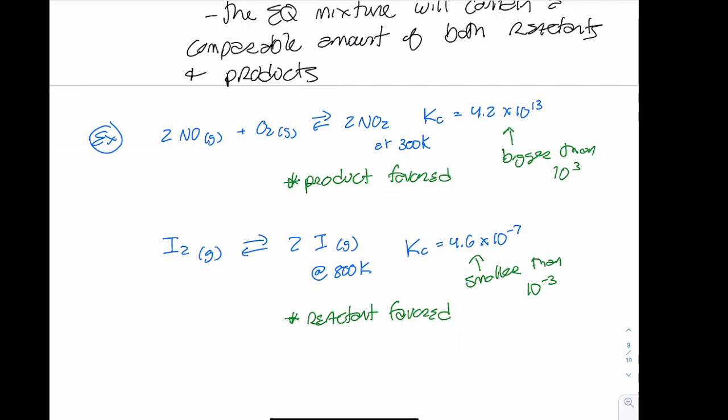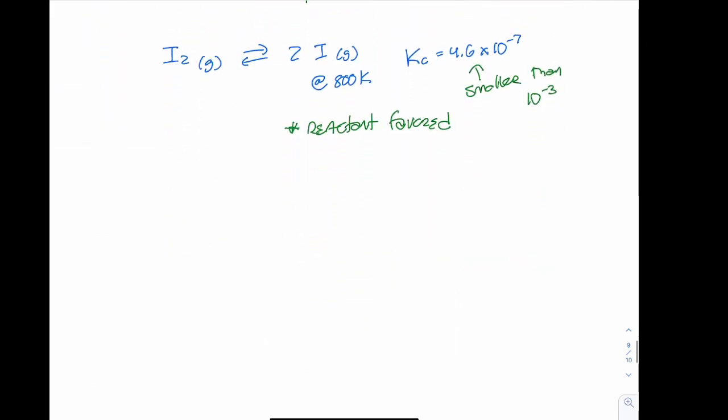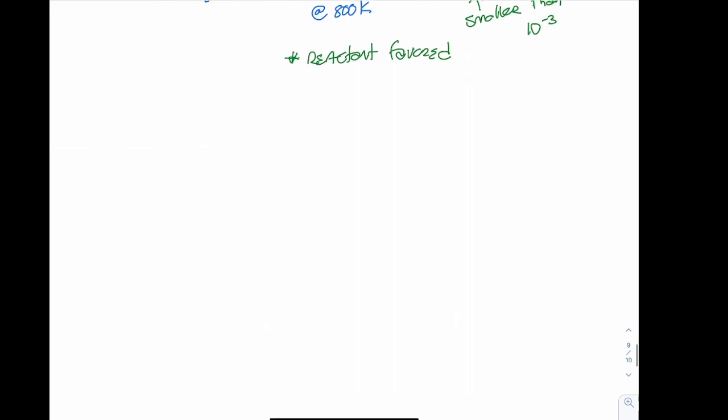We can also use the equilibrium constant to predict the direction of the reaction that it needs to proceed in to achieve equilibrium. And to do that, we're going to define another value called our reaction quotient. So reaction quotient.